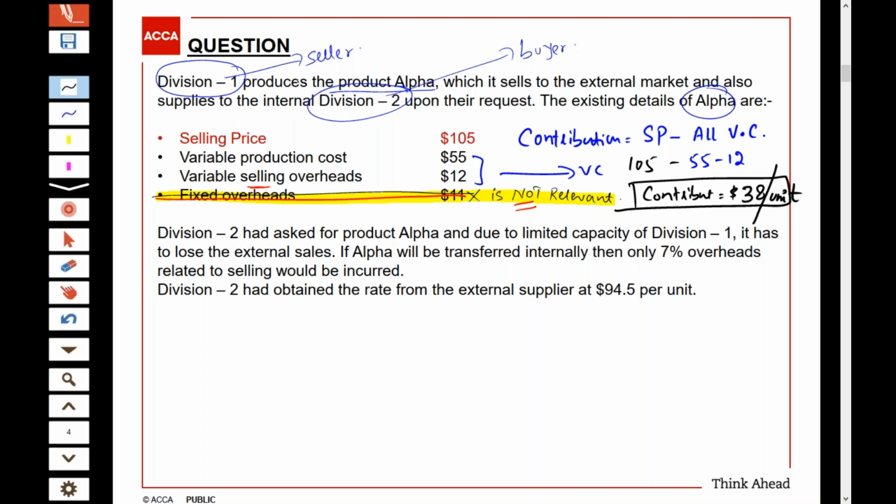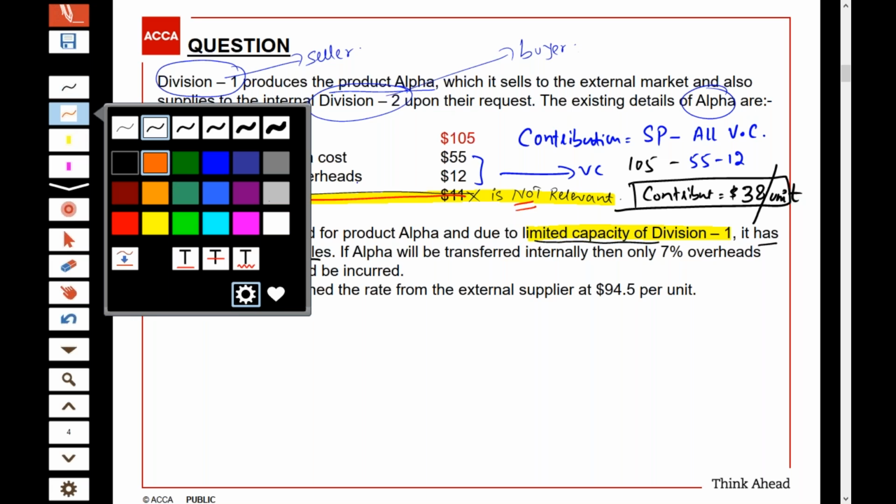Now listen, division 2 has asked for the product alpha, and due to the limited capacity of division 1, it has to lose the external sales. Now me, Haris Hanif, is division 1 and you people are division 2. You are coming to me asking for this product, and I estimated that if I sell this product to you, then I will be losing external sales.